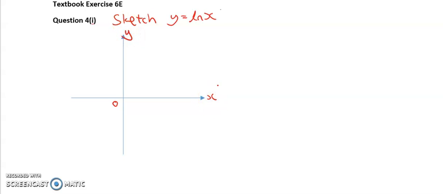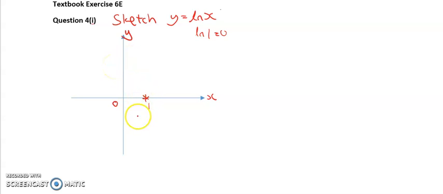If you have gone through the lessons online or in the textbook, or you can use the basic concept of logarithm, when the value of x is 1, your y will be 0. So the graph will pass through the point where x equals 1, y equals 0.